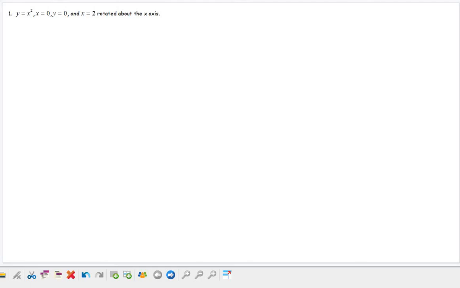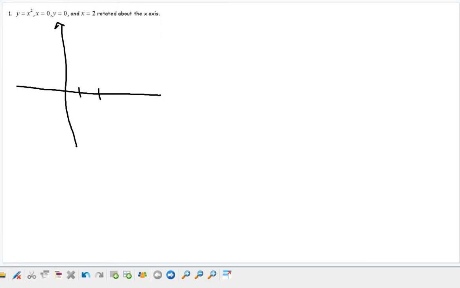So let's draw out what we have. So I have all the way to x is equal to 2, 0, and y squared. Okay?